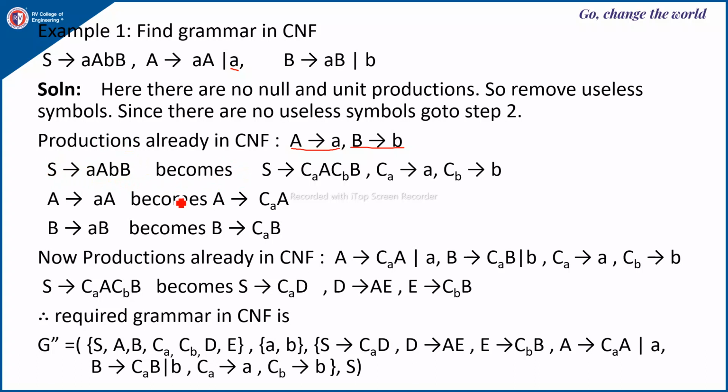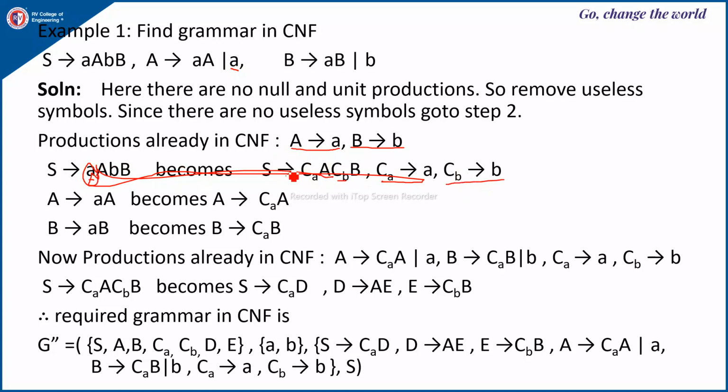Now we will use the replacement of the terminals by variables in the first step. S derives CA, so I will be adding the new production CA derives a by replacing this a by CA. So S derives CA A, and this small b I will be replacing by CB, so that production I will also add.